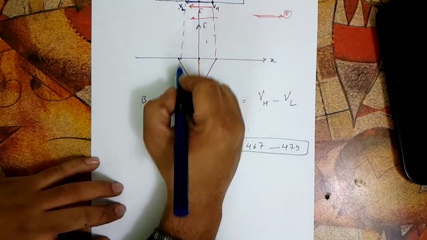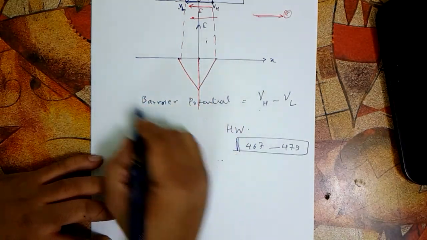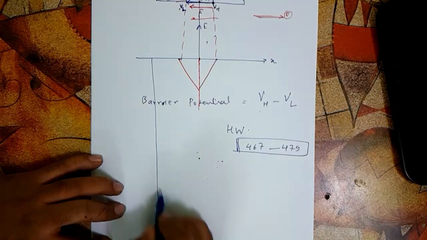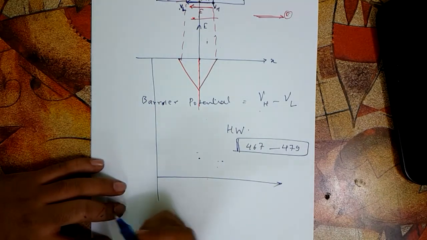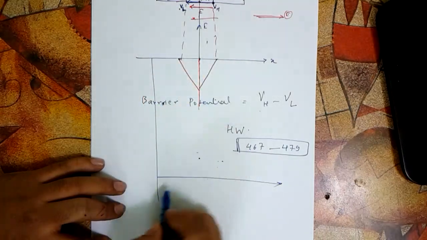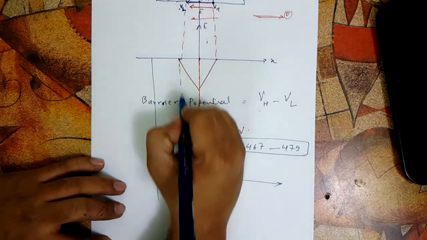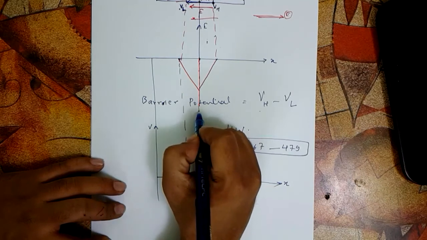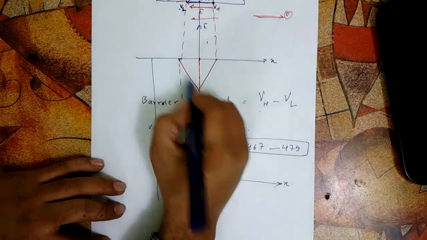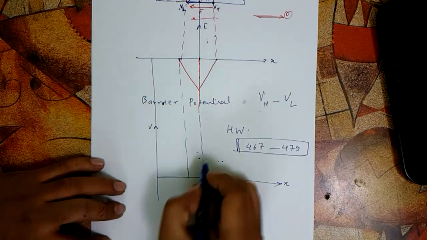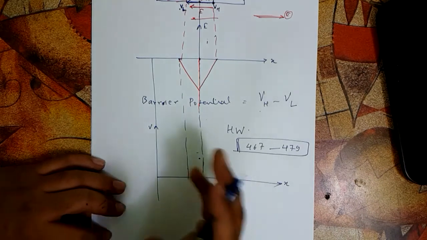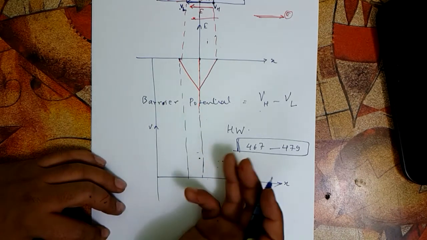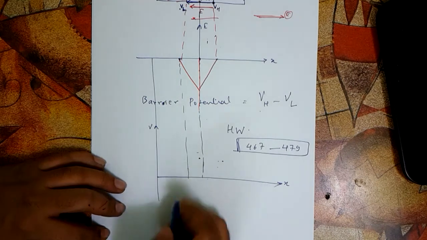Sometimes the question comes on how the barrier potential varies with x. So if you want to plot the potential, keeping the low potential as 0, so this is potential versus x. Now since the electric field is somewhat linear, the potential variation comes out to be parabolic, isn't it? Because potential is the integral of electric field, so integration of linear will be parabolic.